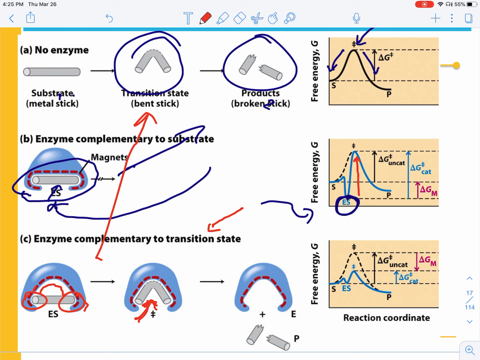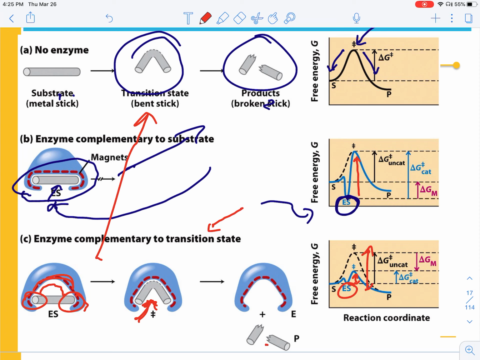So in this case, these metal ions drive this transition state and then allow us to go forward. Here, the enzyme substrate complex is at the same relative energy as the substrate, but the activation energy is much lower than the activation energy in the original.